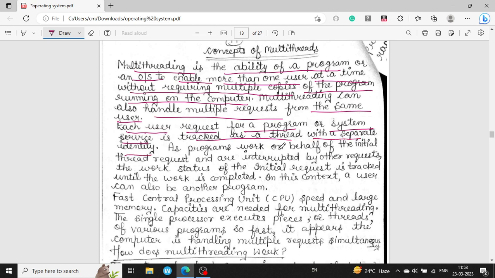Means every user who requests a program or system service can be tracked as a thread with a separate identity.